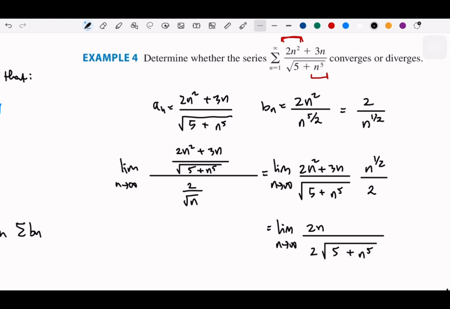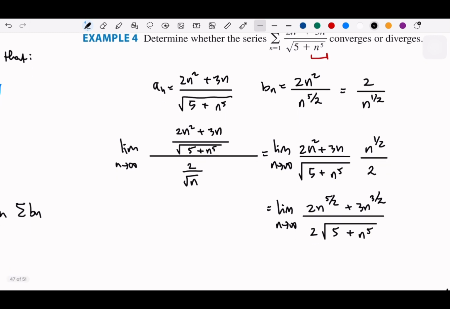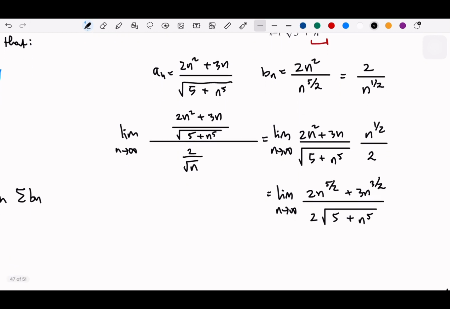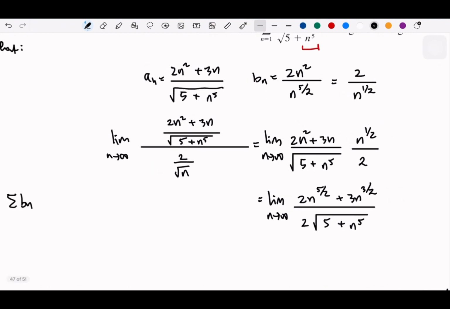And 5/2, 1 plus 1/2 is 3. And then let's divide with the biggest n, in our case which is 5/2. So we divide all.